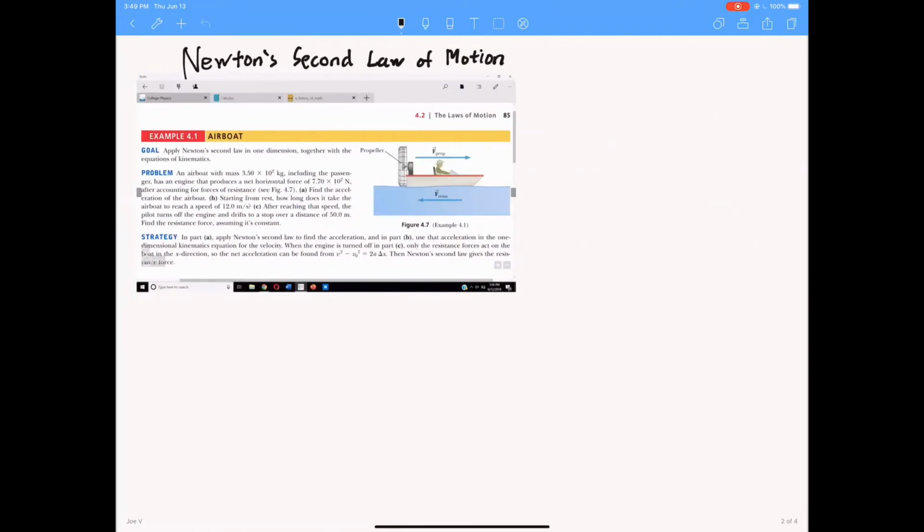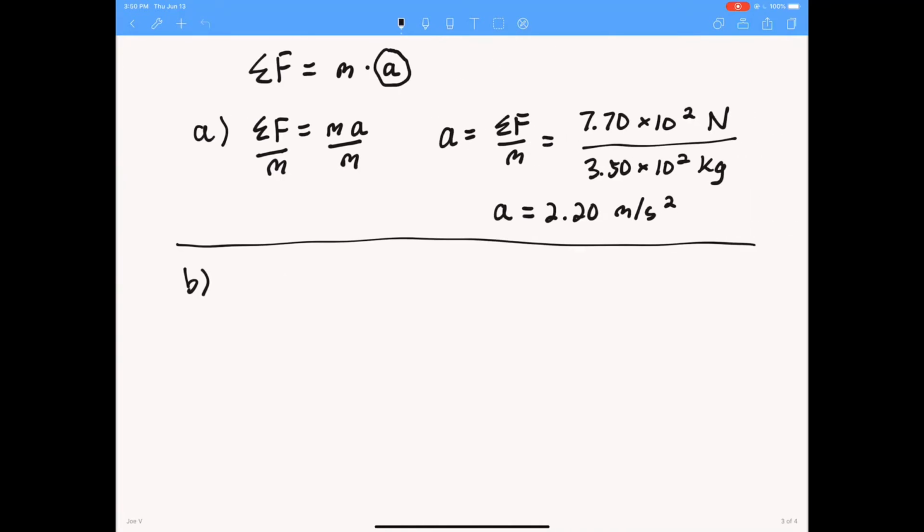Part B states, starting from rest, how long does it take the airboat to reach a speed of 12 meters per second? Part B is asking us to solve for time. For this, we need to use the equation final velocity equals acceleration times time plus initial velocity.